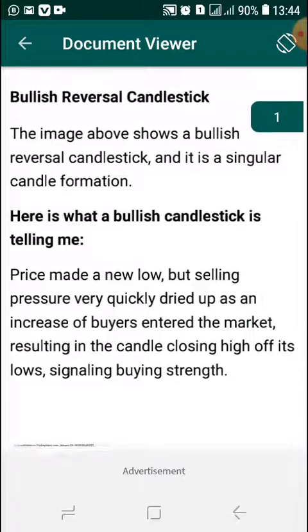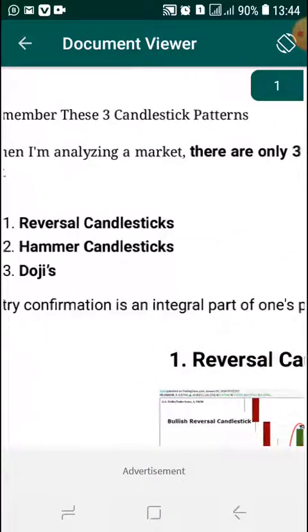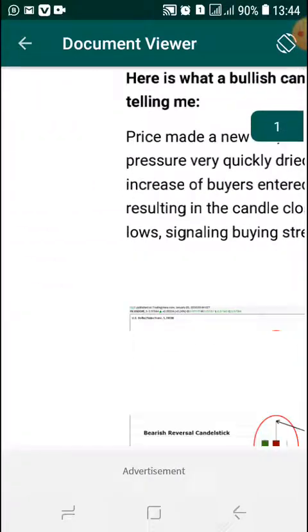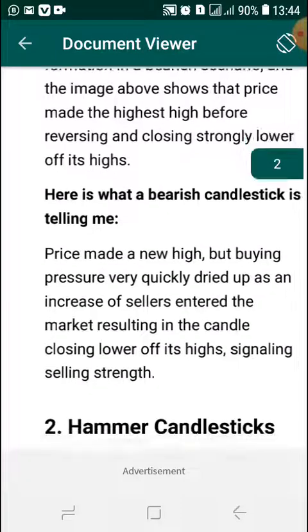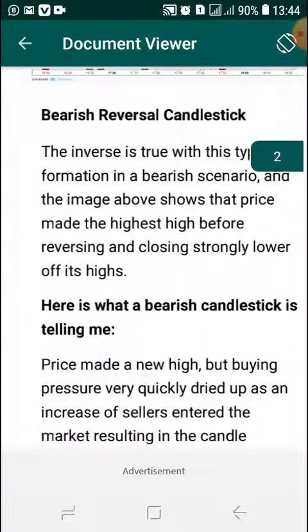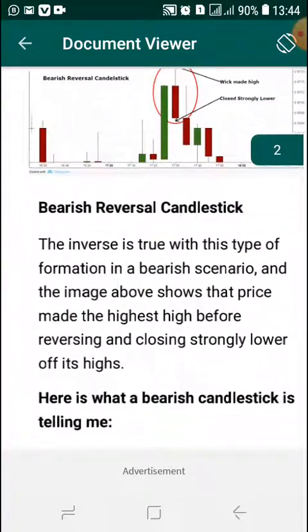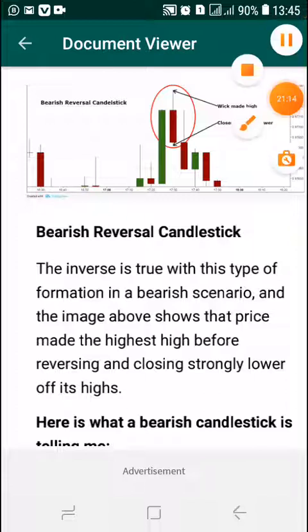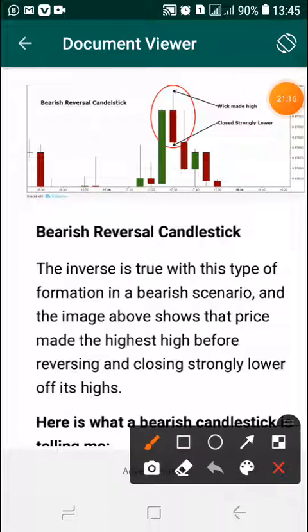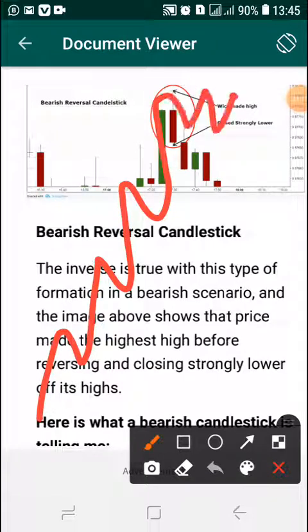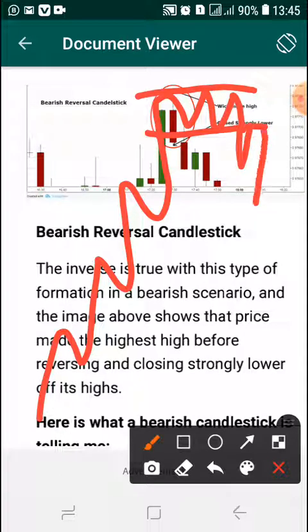Remember, we are still on the first one, reversal candlesticks, right? And then this bearish candlestick appears. You see that within your system, after the retest, you put your resistance and support line, the market breaks underneath, and then you see that the market is shooting down.